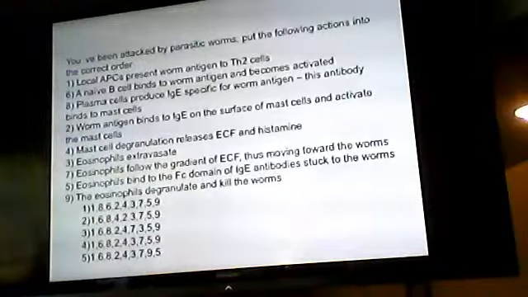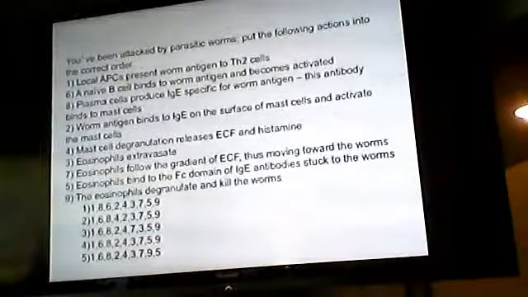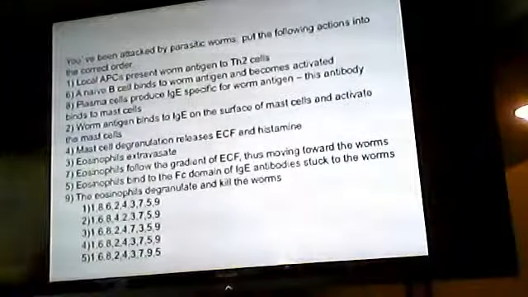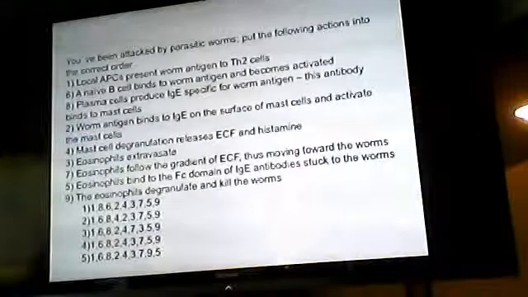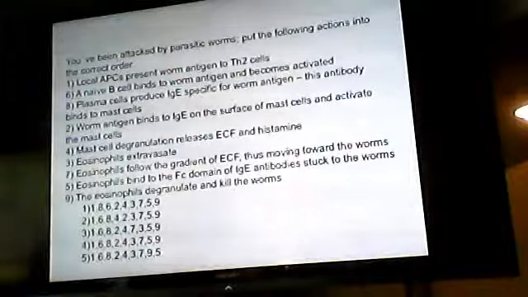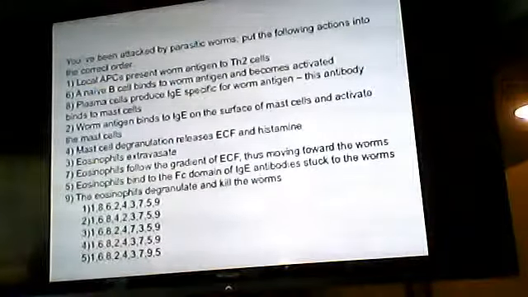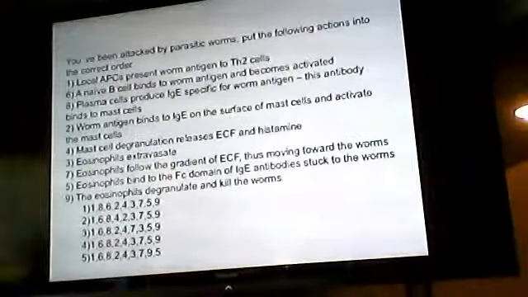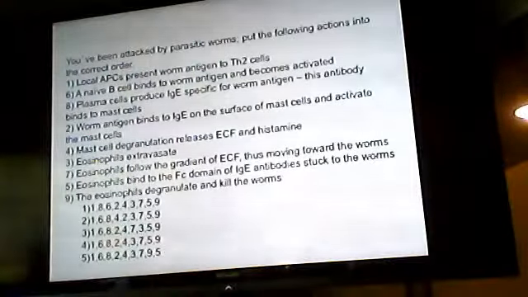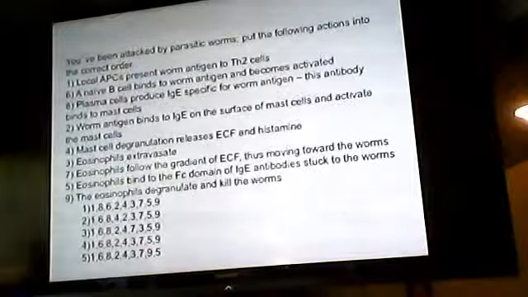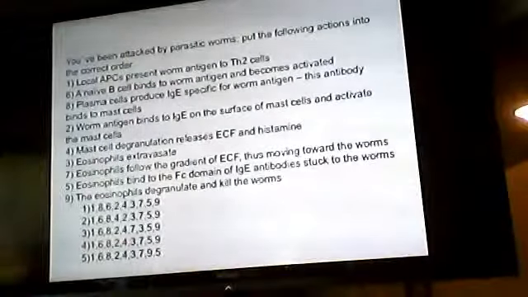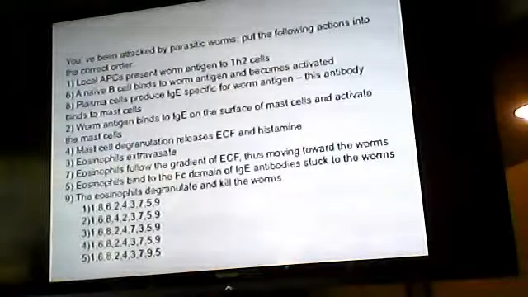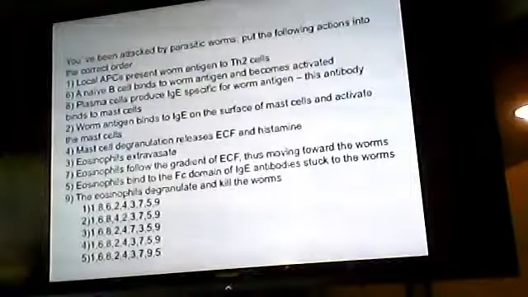The worm antigen that's bound activates those mast cells, and the mast cells degranulate and release ECF and histamine. That calls over eosinophils, which is what extravasate means. It means the eosinophils are coming through, and then the eosinophils will follow the gradient of the ECF and they'll find the worm. Once you find the worm, you find that the IgE are bound to the worm, and then you degranulate and kill the worm.